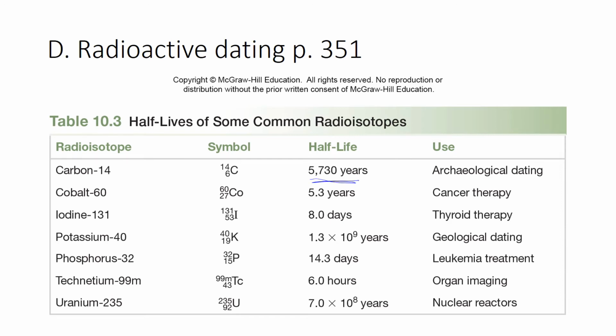This is good for archaeological dating when we're talking about how old is an archaeological specimen or a plant or a tool, whereas the elements that have a shorter lifespan or half-life, such as technetium-99m, only have a half-life of 6 hours, so those are out of the system very quick.